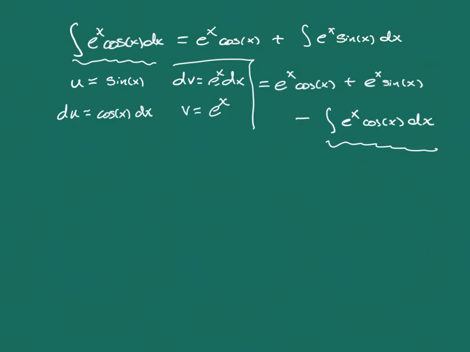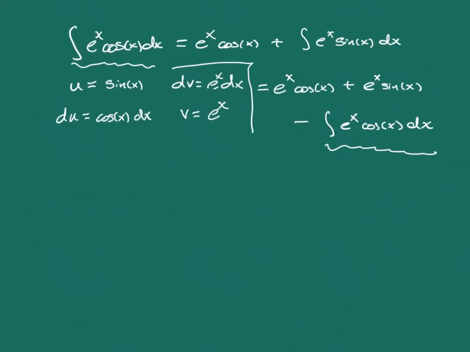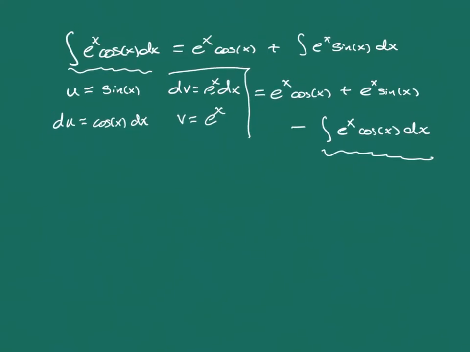Essentially, if we write this out in one longer expression, we've got the integral of e to the x cosine of x dx equal to e to the x cosine plus e to the x sine, minus the integral of e to the x cosine again.